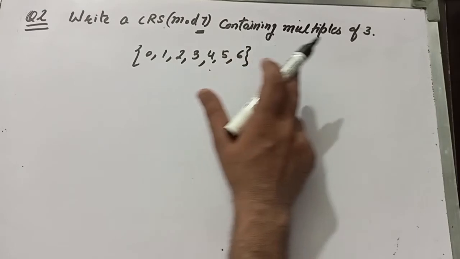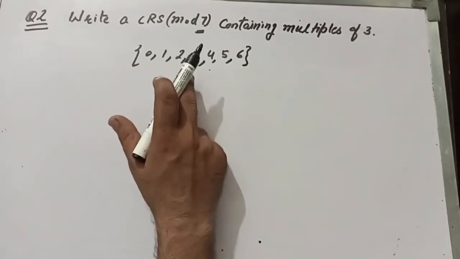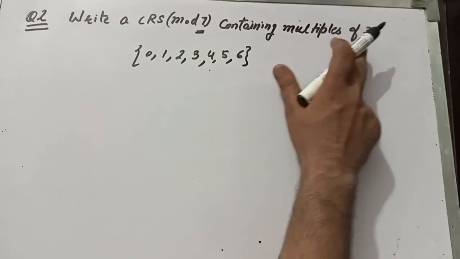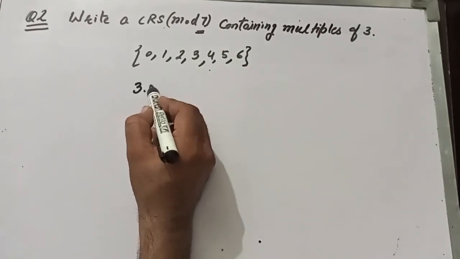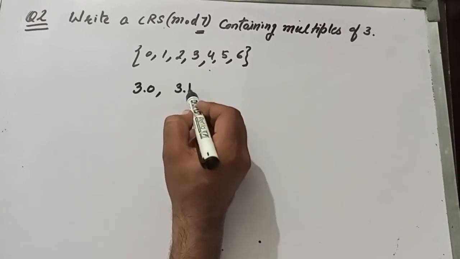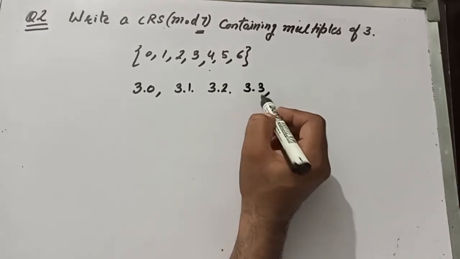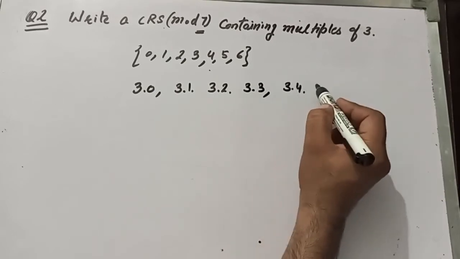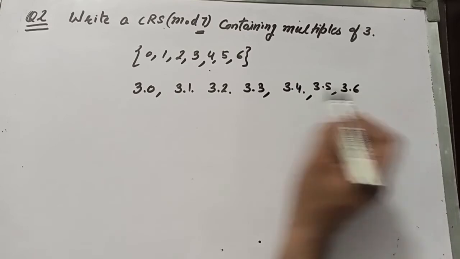Now you have to construct a system containing 7 elements, and those 7 elements must be multiples of 3. So you just do 3 into 0, 3 into 1, 3 into 2, 3 into 3, 3 into 4, 3 into 5 and 3 into 6.